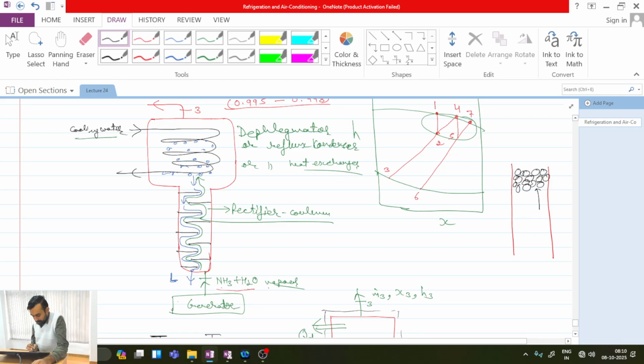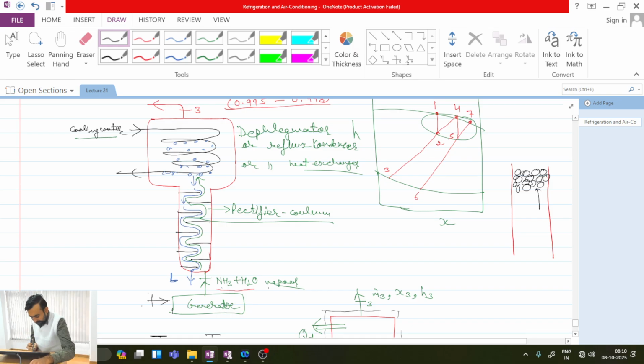Usually in the generator, strong solution of ammonia and water comes. That comes in the liquid form. Okay, so that strong solution enters from somewhere over here. But we know that the temperature of that strong solution is significantly less in comparison to the temperature of the generator. Is this one clear or not?